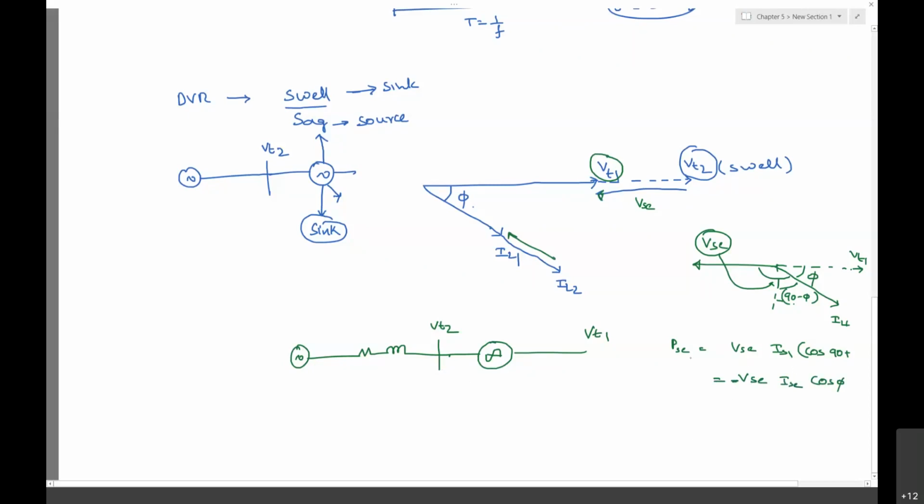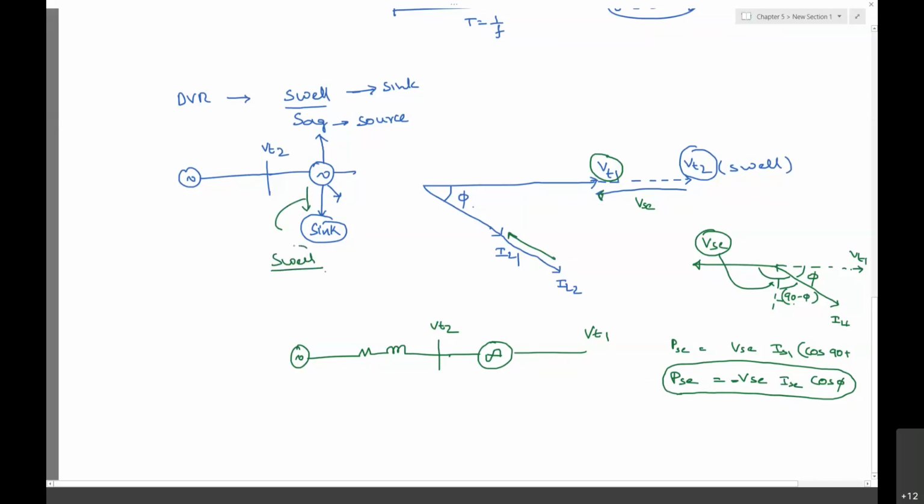That means the series active power filter is taking some amount of power during the swell condition.